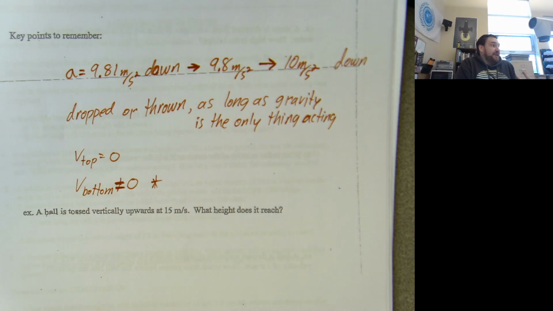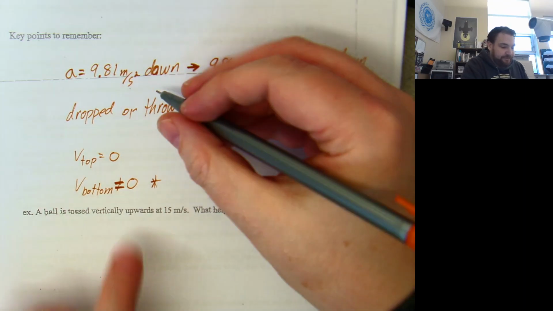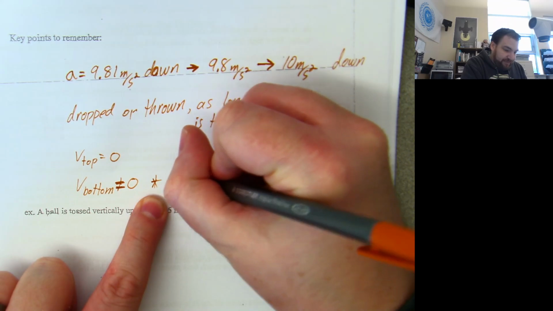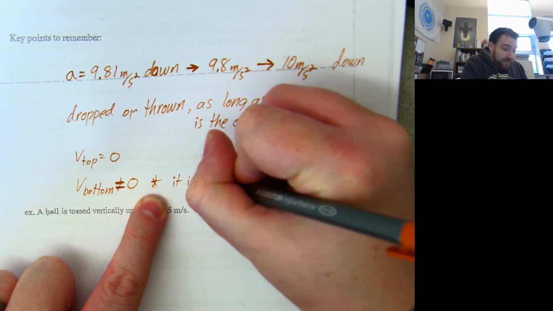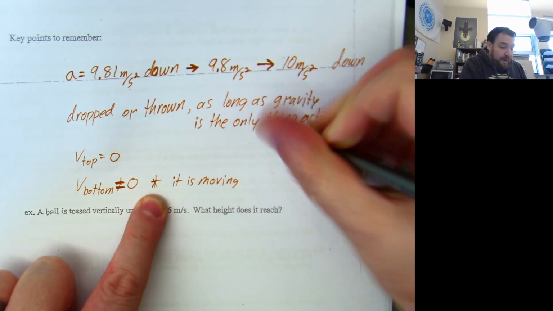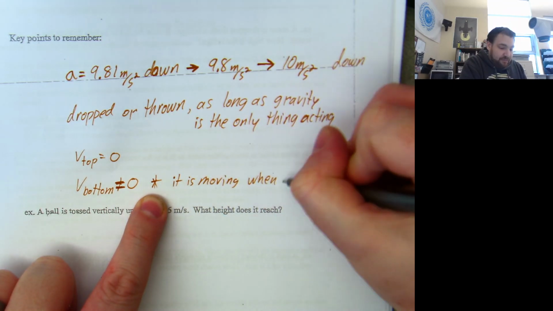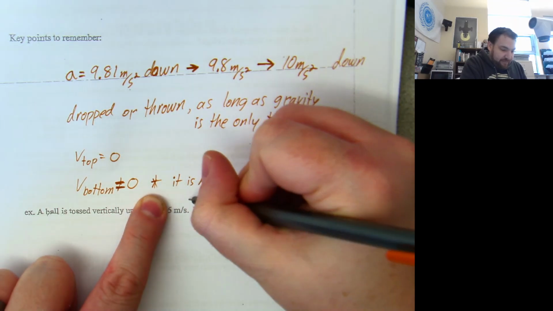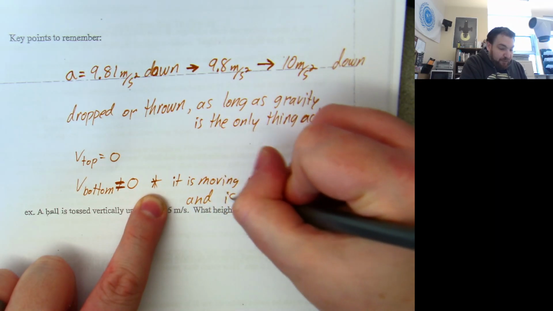If the velocity is 0 when it reaches you, you just grab the thing out of the air and there's no problem. If you have to be the thing that brings that textbook from 100 kilometers per hour to 0, that's going to be a whole other set of experiences. V bottom is not equal to 0. It is moving when it impacts, and is brought to 0.